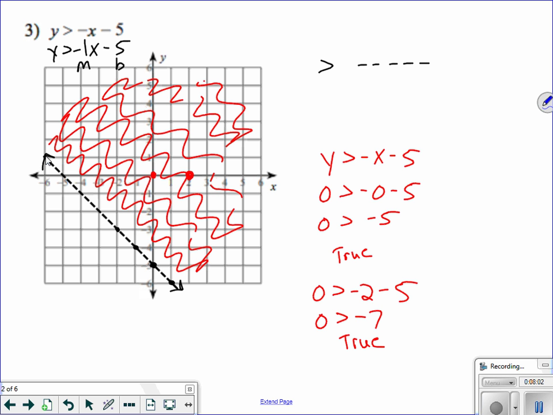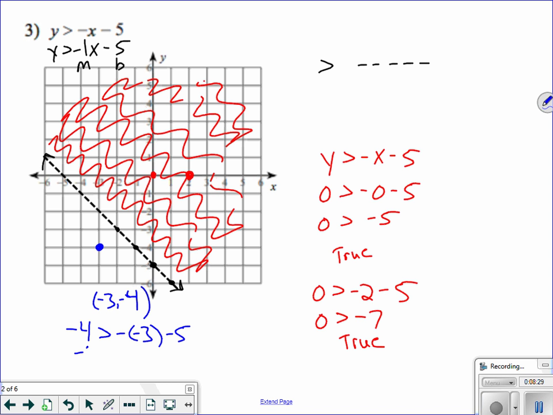However, if I were to pick a point on the other side of the line, so let's pick negative 3, negative 4 here. So right here, if I had negative 3, negative 4, and I put that into our inequality, we'd have negative 4 greater than a negative 3 minus 5.